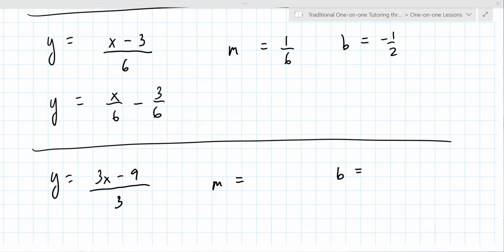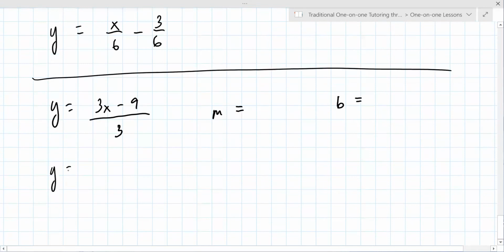So m equals 1. Now, what I really hope you're doing is dividing each of these by 3. m is 1, good.